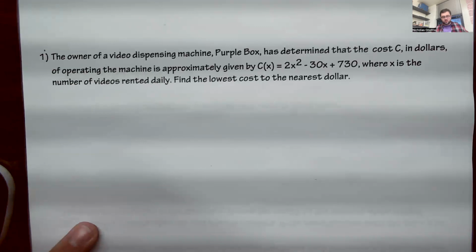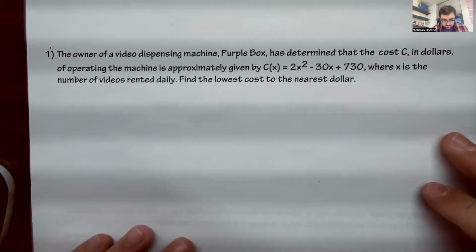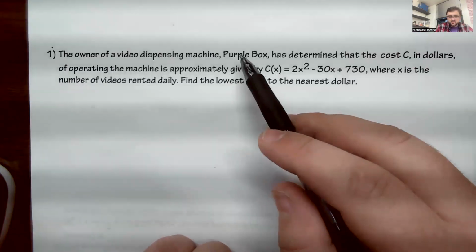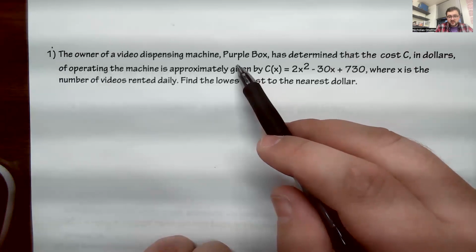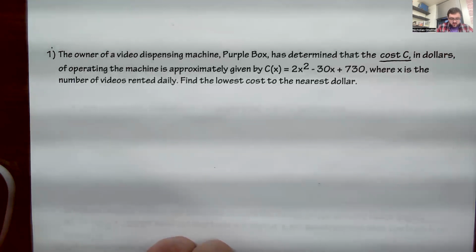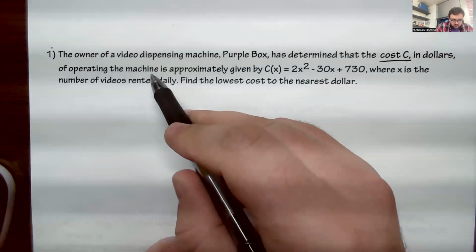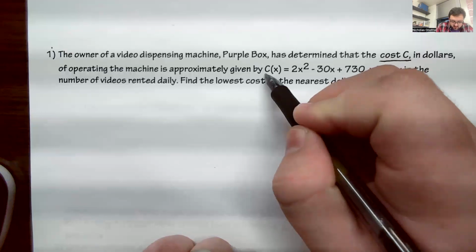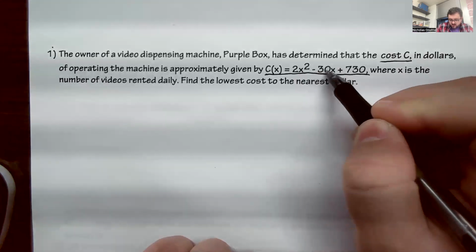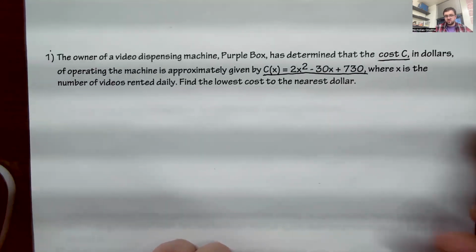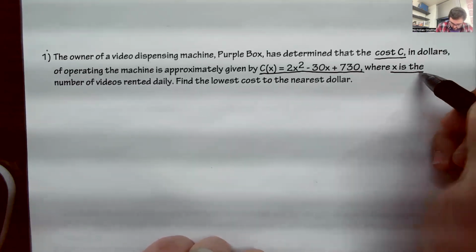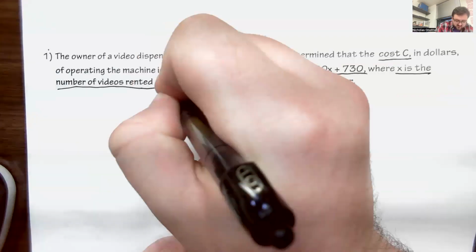We are going to start with problem number 1 on your sheet. Here's what we are told. The owner of a video dispensing machine called Purple Box has determined that the cost C in dollars of operating the machine is approximately given by the equation C of x equals 2x squared minus 30x plus 730, where x is the number of videos rented daily.